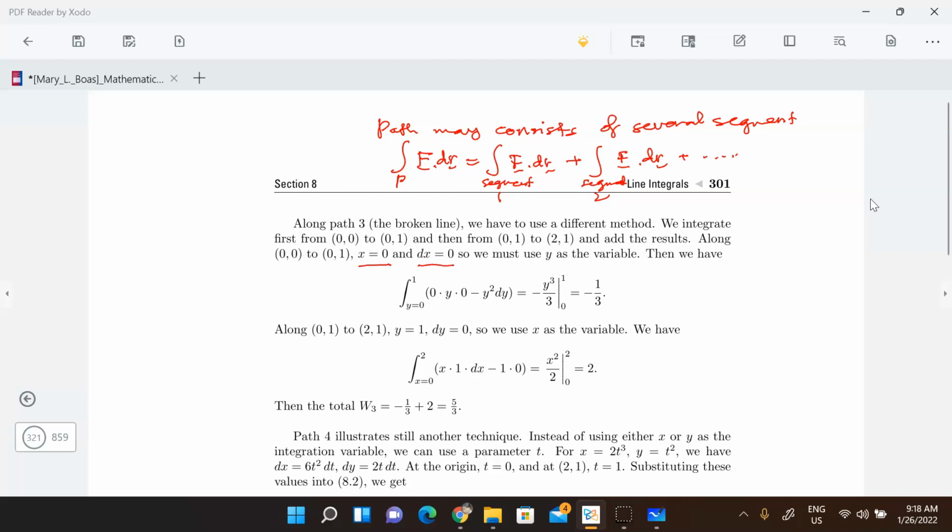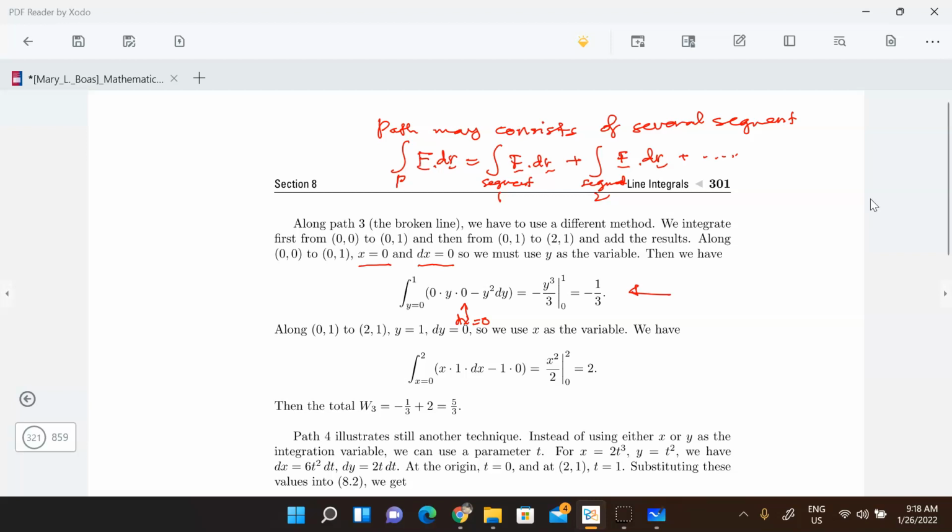So the only term that's going to appear is your dy. Then the integral becomes just an integral over y, and you can do that easily. You get minus 1/3, and remember that this is only half of the path given, so you need to do the other half, which is the horizontal one.